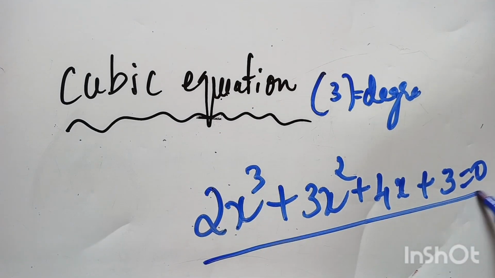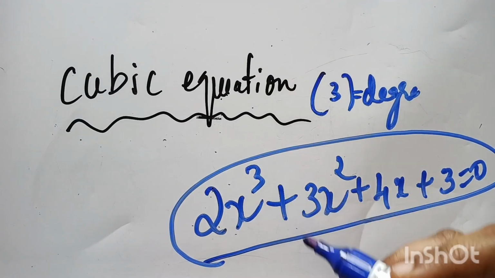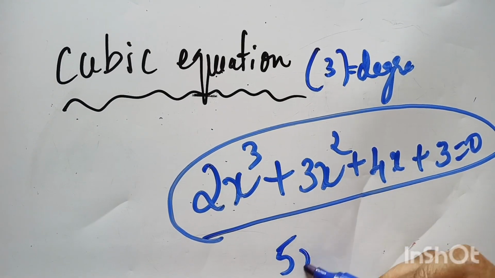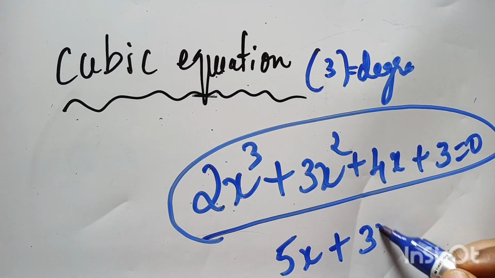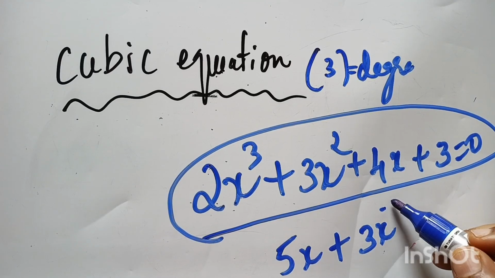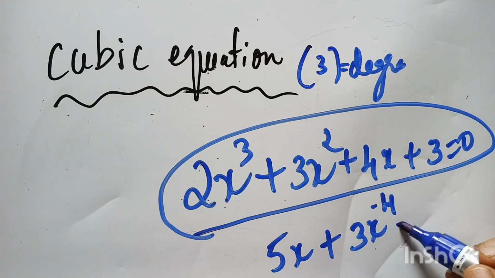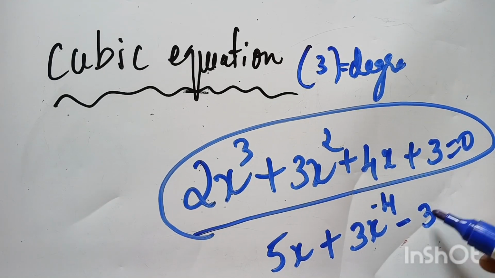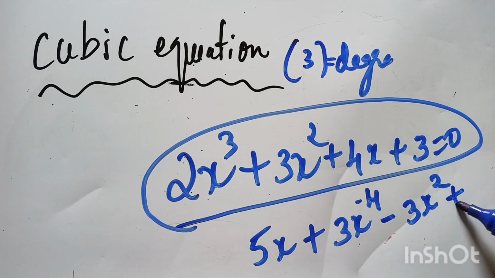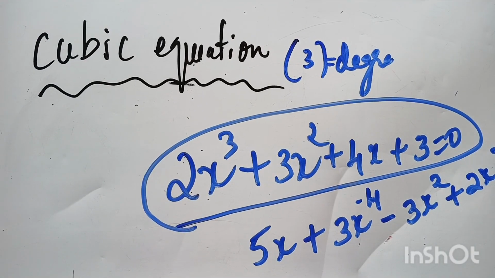So the highest power is 3. Or 5x plus 3x minus 4 minus 3x square plus 2x cube equals 0.